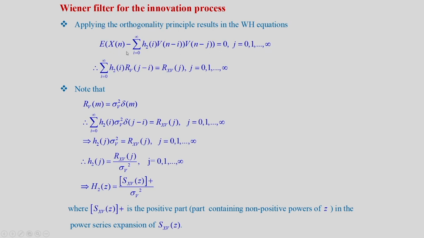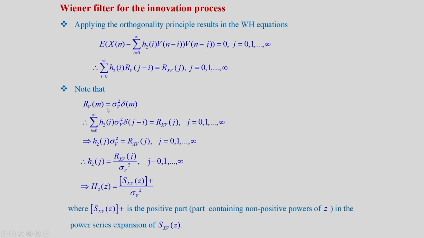Therefore, E of xn minus summation h2i into v of n minus i, into v of n minus j must be equal to 0 for j is equal to 0 to infinity. Now, taking the expectation operation, we will get that summation h2i into rv of j minus i, i going from 0 to infinity, must be equal to rxv of j, j going from 0 to infinity. So, this set of equations are the Wiener-Hopf equations for the innovation process.